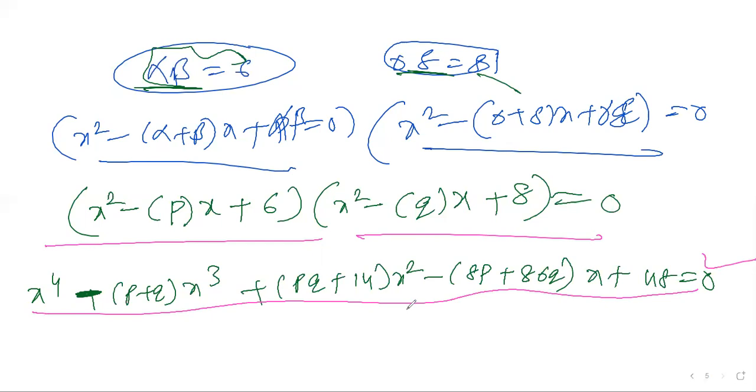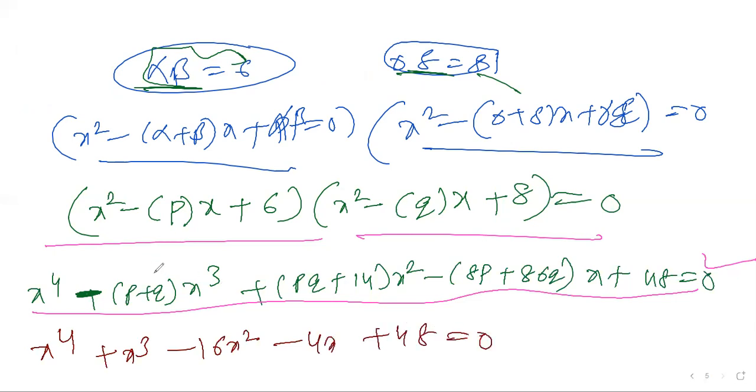For this, what you have to understand here is, what is our regular equation? What is the question here? x power 4 plus x cube minus 16x square minus 4x plus 48.